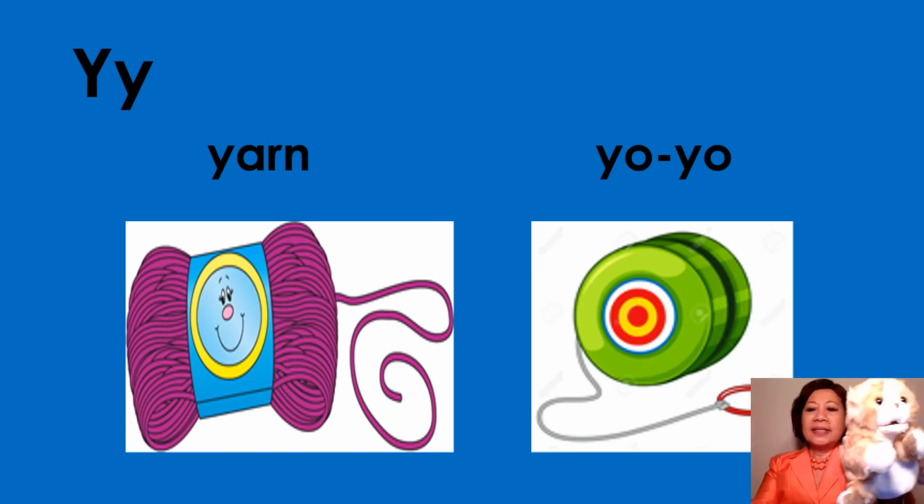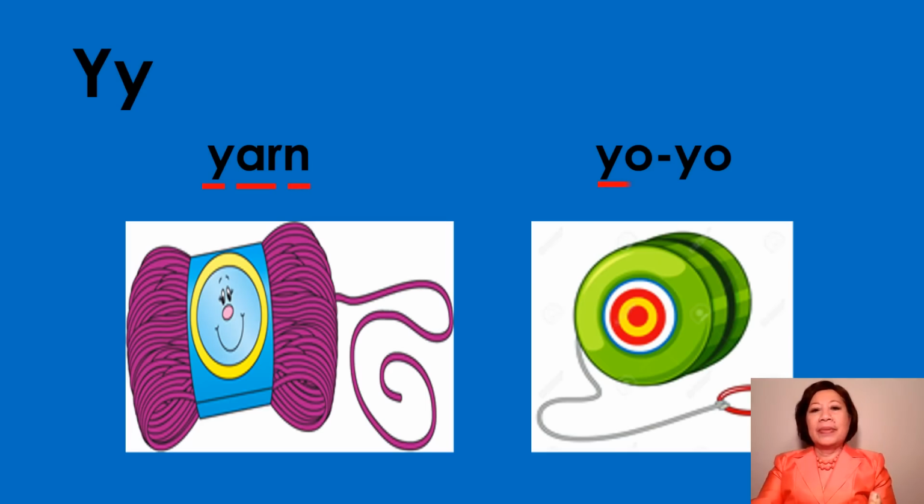Y. Y says Y as in yarn. A yarn is used for sewing, knitting, or crocheting outfits, scarves, and blankets. Y. Y says Y as in yo-yo. A yo-yo is a toy consisting of two discs and a string looped around the axle.